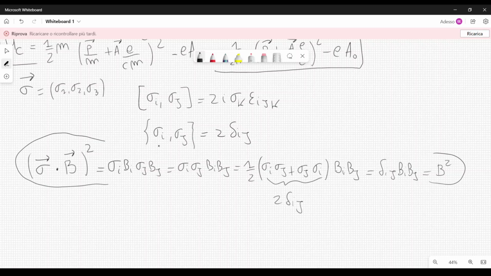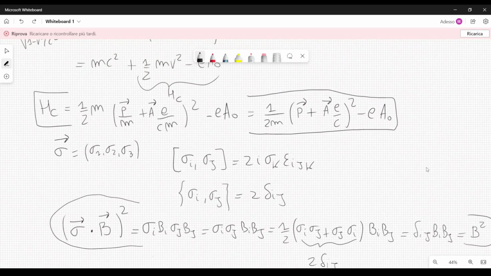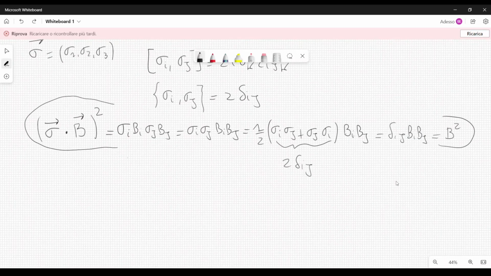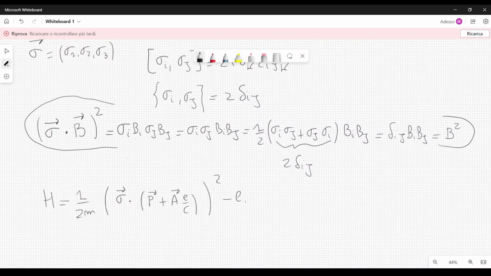And I can use this property in the Hamiltonian. So let's rewrite the Hamiltonian that we found here. I will simply call it H. And I'm going to use this fact, that I can also rewrite the Hamiltonian like this, by taking a dot product between the Pauli matrices and the vector P plus A e over c, and I have to square this, minus e A0.